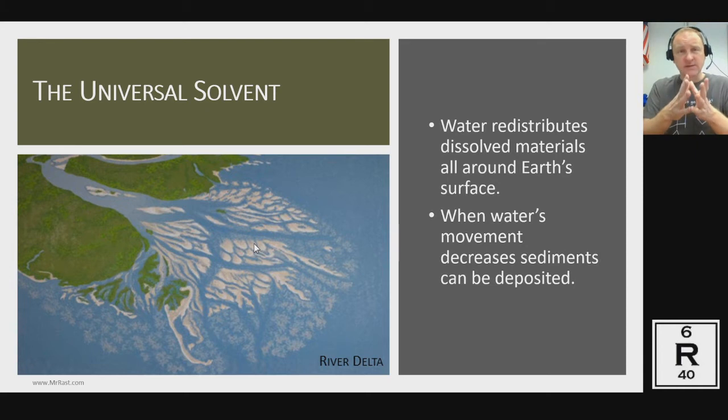And just like the glass of water, when it slows down, the sediment will settle down. So if it's moving fast, it's carrying the sediment, and then as it slows down, the sediment starts getting deposited, and you get these really cool, unique geographical structures called deltas. And this would be a river delta where the water is emptying out into the ocean. Again, why does that happen? Because the water's slowing down, allowing the material to deposit.